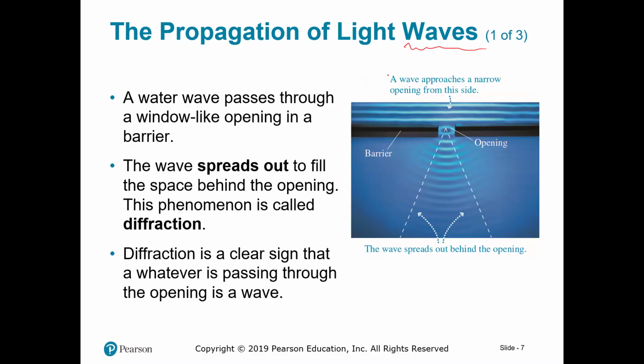Before we start talking about light, let's start with water, which is obviously a wave. Assume a water wave passes through an opening in a barrier. This is your opening, and the wave front of the water is traveling from here to this small hole, with a wall here.